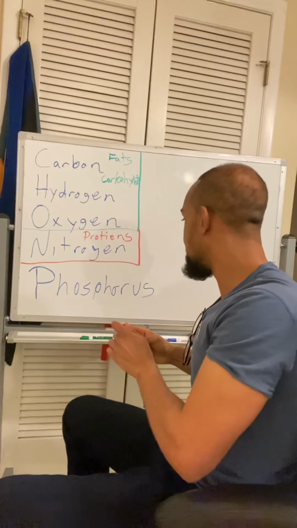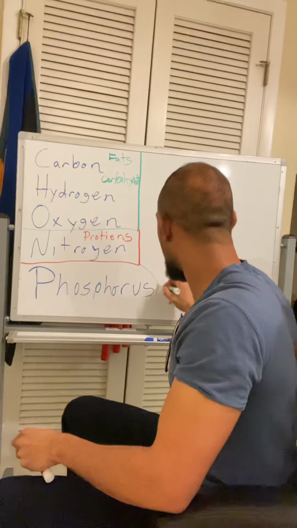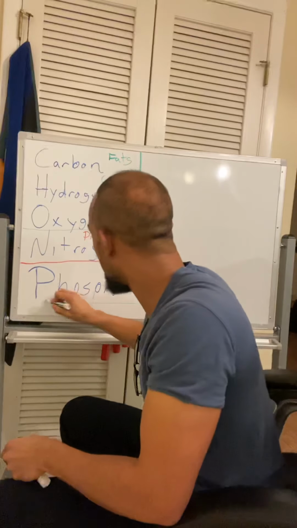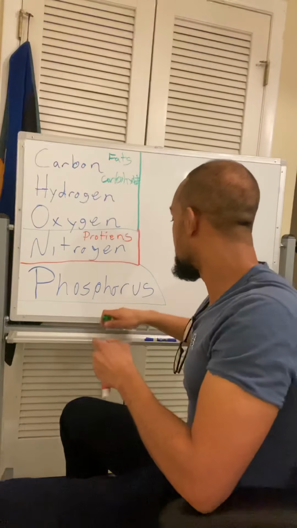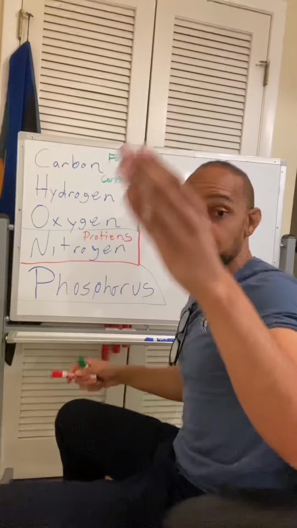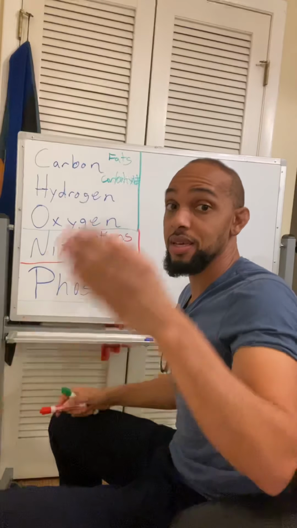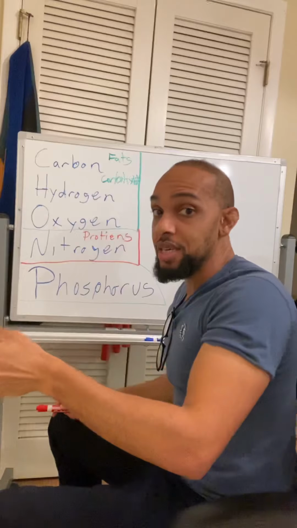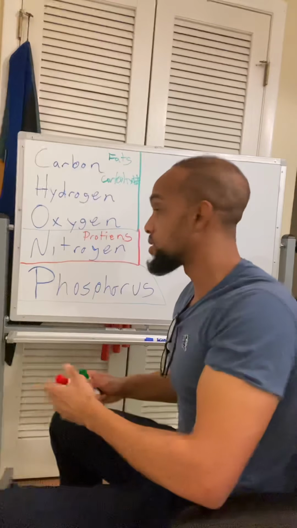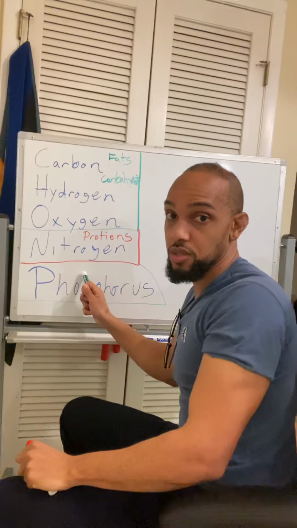Now this last little bit right here, phosphorus. If you remember, when I stated the words ATP and ADP, the P stands for phosphate. That phosphate group is based on phosphorus.